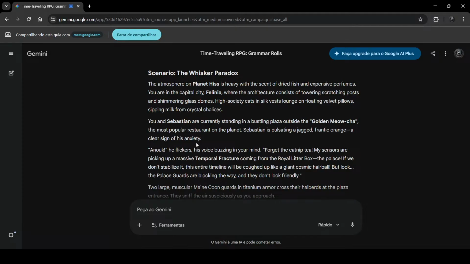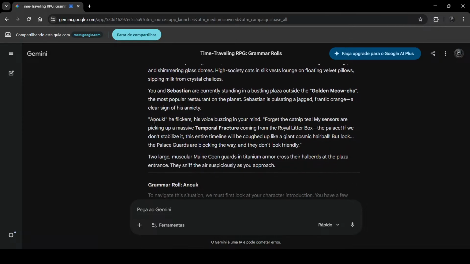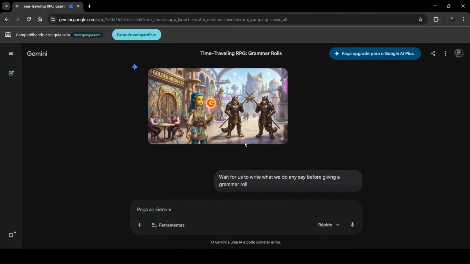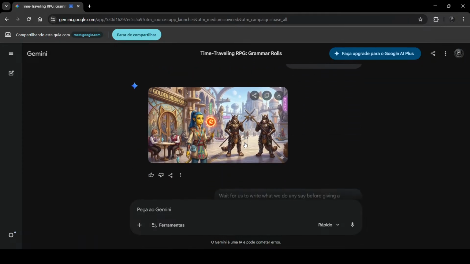This is why RPGs are usually in this tense. Anouk, he flickers. We can see this final S on verbs for third person singular, only in the present simple. So you know what to do. You may write down what you do, what you say, what Sebastian does, and what Sebastian says.